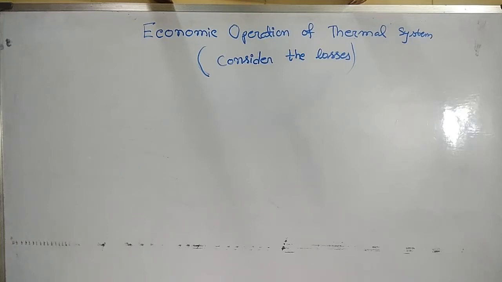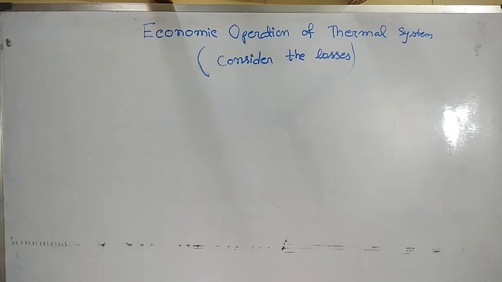A modern electric utility serves a vast area of relatively low load density. The transmission losses may vary from 5 to 15% of the total losses, and therefore it is essential to account for losses while developing an economic load dispatch policy.